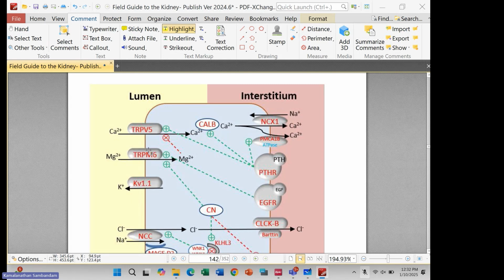So if I have a mutation in TRPM6, it stands to reason that I may have magnesium deficiency or magnesium wasting.